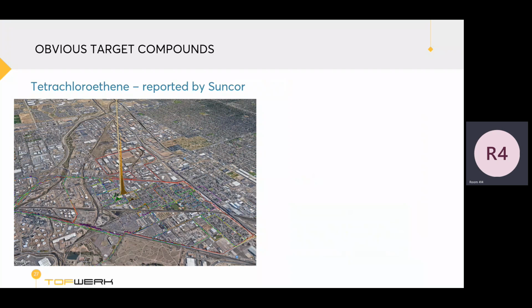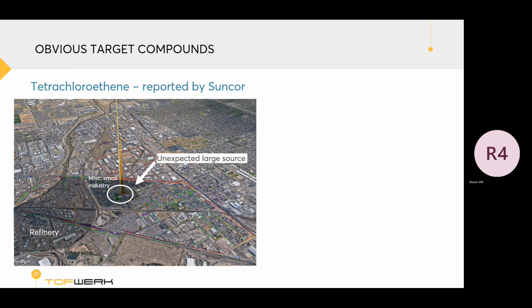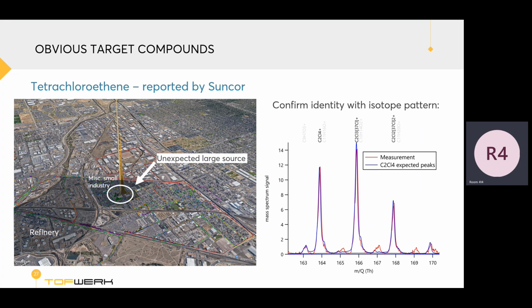Okay, so let's first take a step back and look at our target compound, tetrachloroethene. Indeed, we did detect this during our drives. On at least a few drives, there were absolutely spikes in this compound in the area. Chlorine-containing compounds are recognizable in mass spectrometry data, and this is because chlorine has a very distinct isotope pattern.